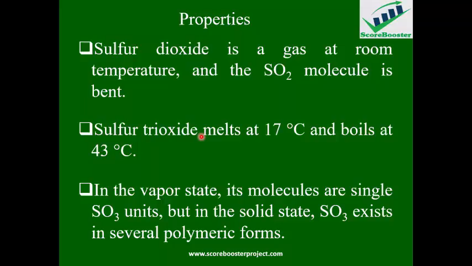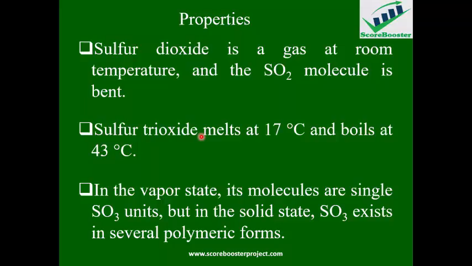The melting point of sulfur trioxide is 17 degrees, and it boils at 43 degrees Celsius. What we're trying to say is that at room temperature, we expect sulfur trioxide to be something like a molten substance. Below 17 degrees, it's a solid.